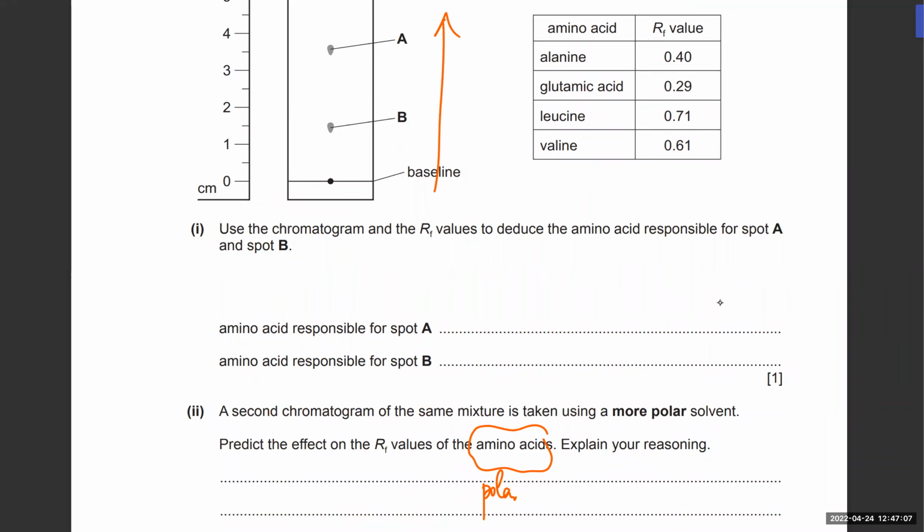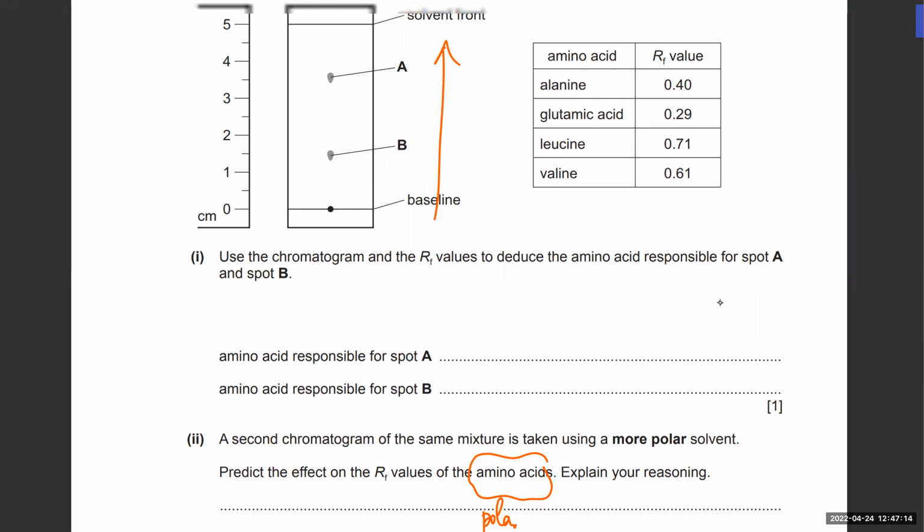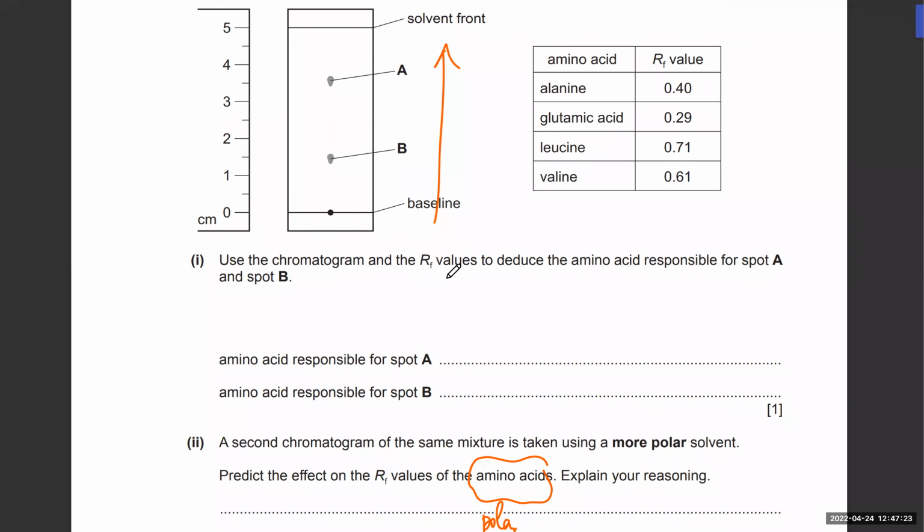Is it going to be more soluble or less soluble? Polar things are more soluble. Yes, okay. So it's going to be more soluble. So that means it's going to travel more, a longer distance. Higher Rf value. Yes. Because the whole point about separation is that the solvent is moving.